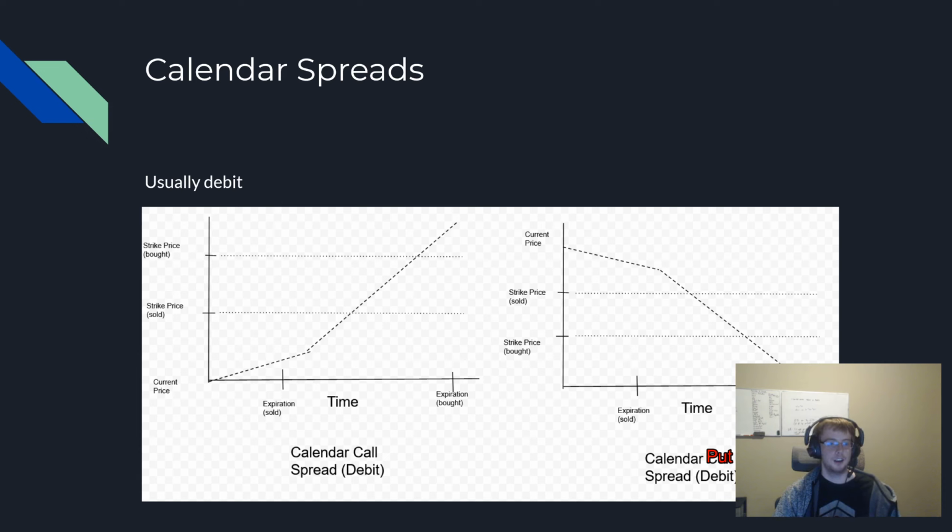So I did a calendar call debit spread, where basically I sold a call fairly close to the money and fairly close in terms of an expiration date, and then I bought a call a little farther from the money and much farther away in expiration date. And I think I got out of it early for a very small profit, but that's just the general idea.